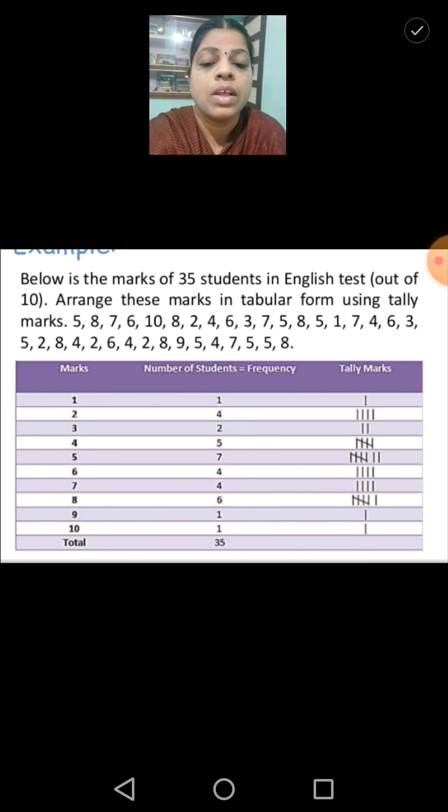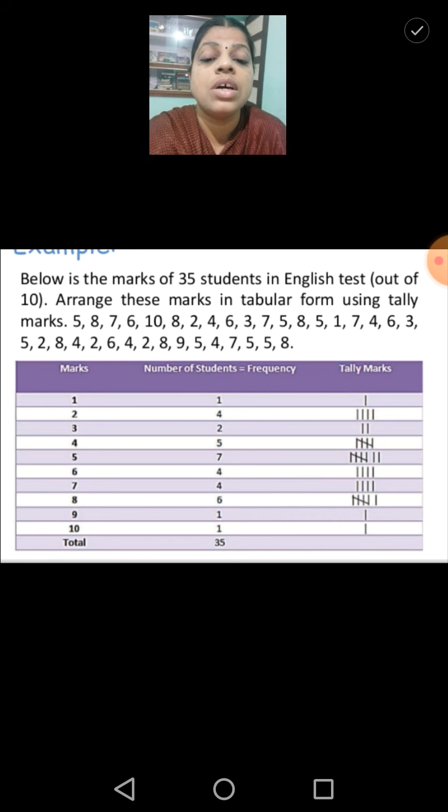And you can see the tally marks in the next column. Tally marks are used for easy representation of the values, so as not to get confused.